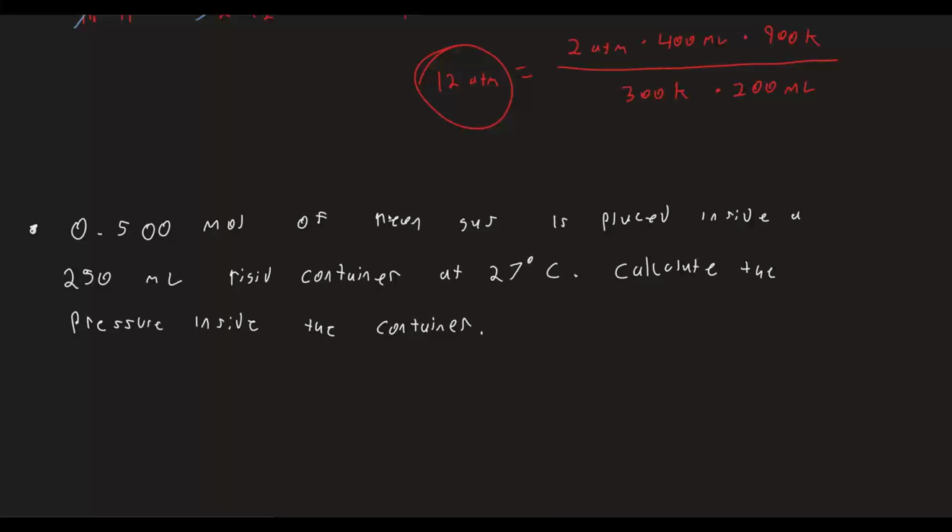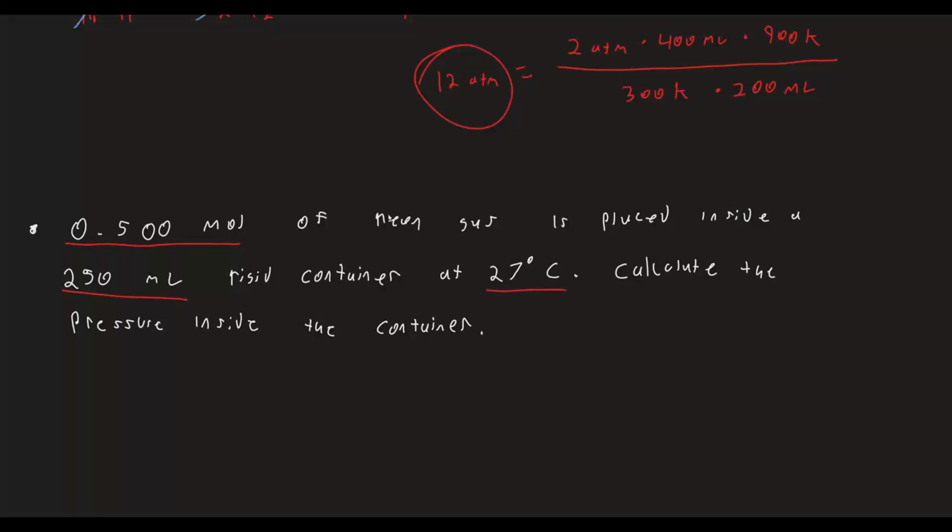Well, let's look what we have. We have 0.5 moles of neon gas is placed inside a 250 milliliter rigid container. When we see the term rigid container, that means that we are not going to have a volume change. The volume is not going to change. There will be no V2 at 27 degrees Celsius. So this is our initial temperature. Calculate the pressure inside the container.